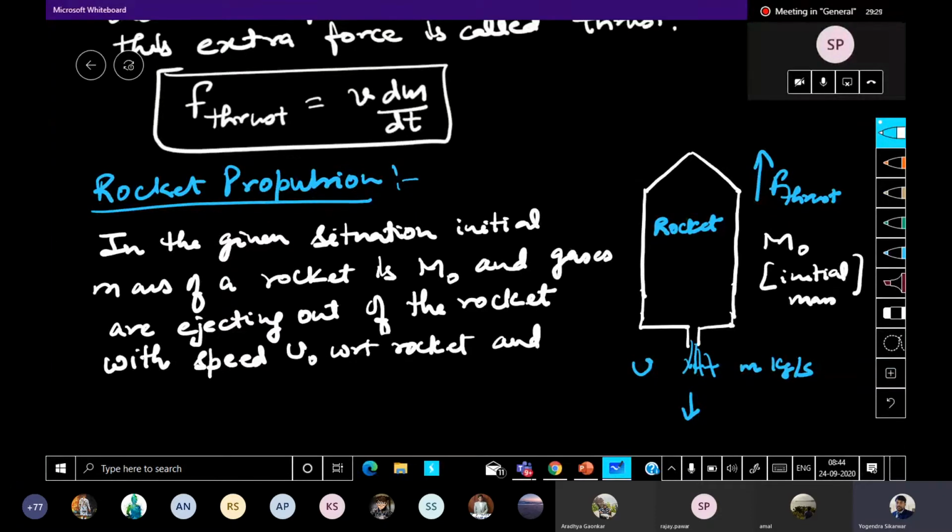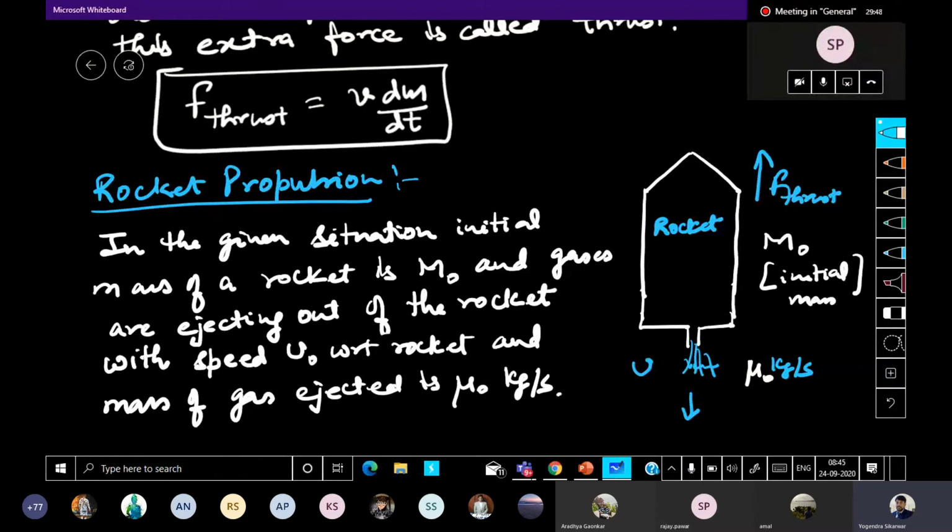and the mass of gas ejected is, I am taking it as mu naught kg per second. It could have been anything, I have taken this symbol as mu naught kg per second.